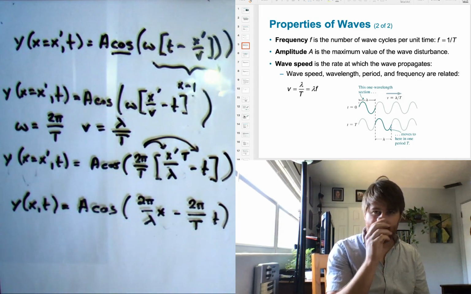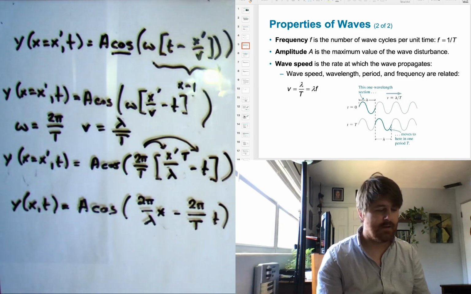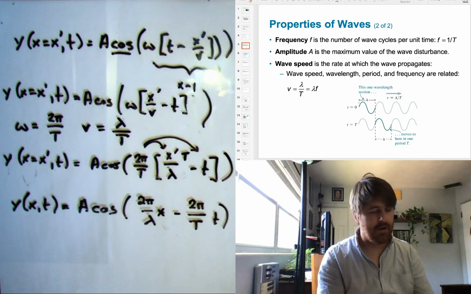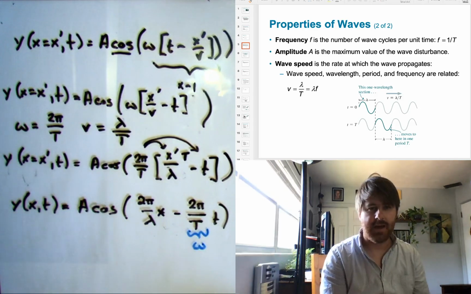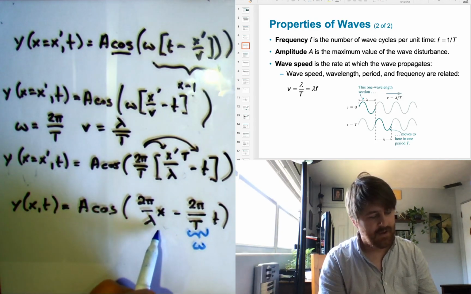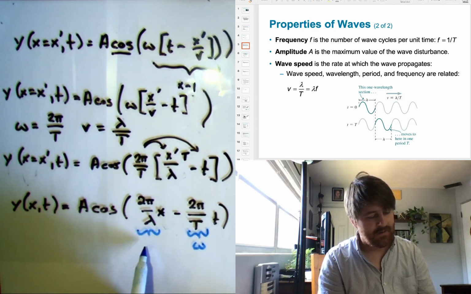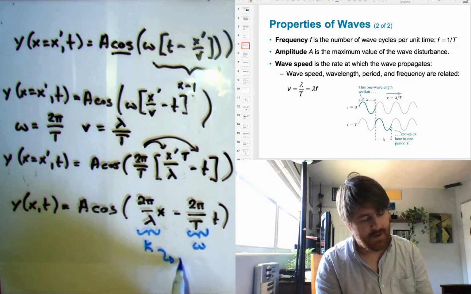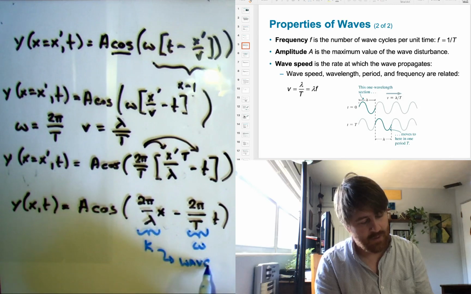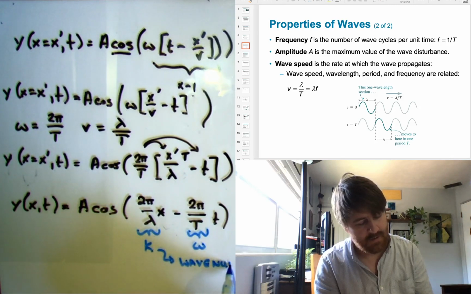Alright, so now I'm getting somewhere. I've got a wave function. Alright, and we'll define these things. We already know 2 pi over T, that is what we call the angular frequency omega. Let's define this term over here, and we'll call this term k, and that is wave number, is what we'll call that. Wave number.